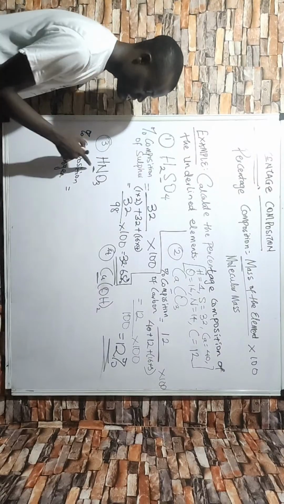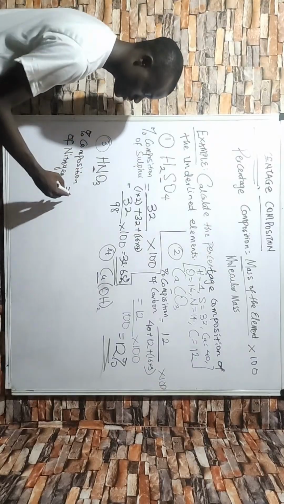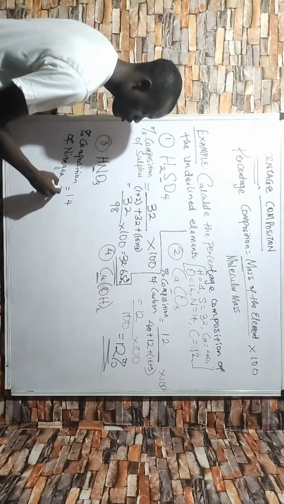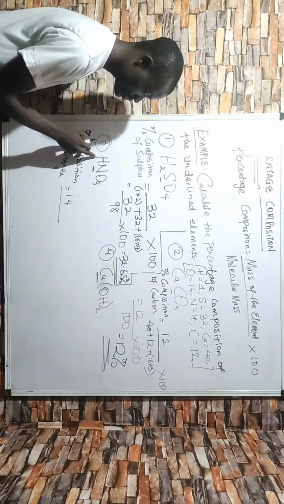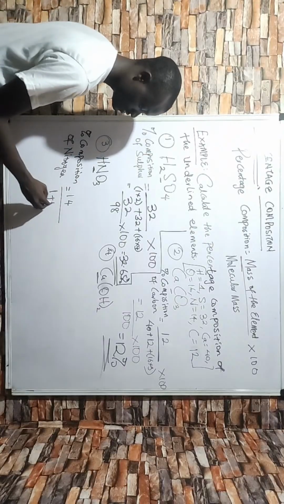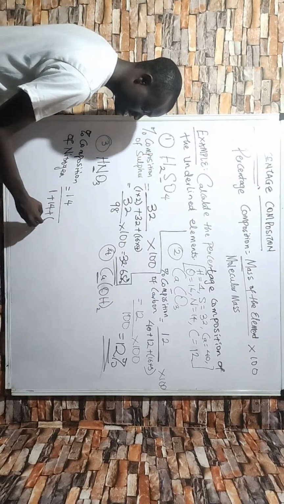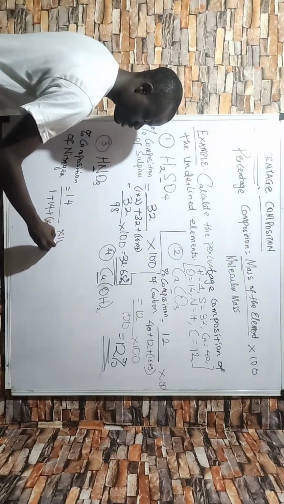It will be the mass of the element you are interested in, which is nitrogen, and that's 14, over the total mass, which is the molecular mass. H here is 1 plus nitrogen is 14 plus oxygen is 16 times 3, times 100.